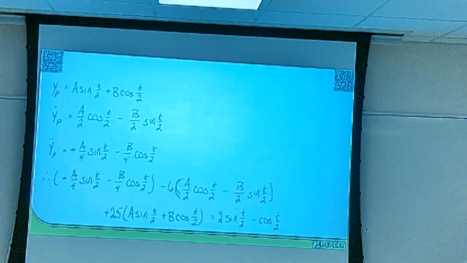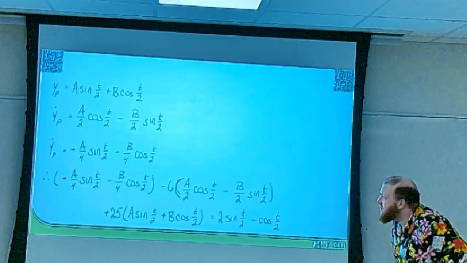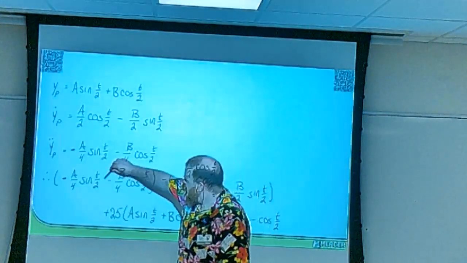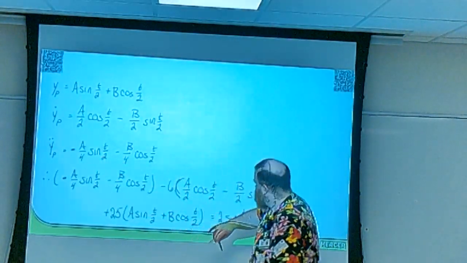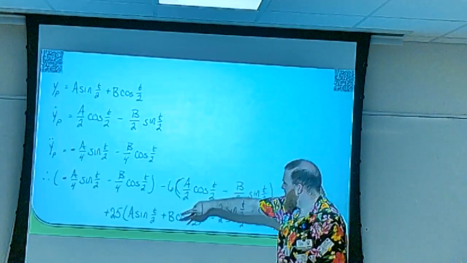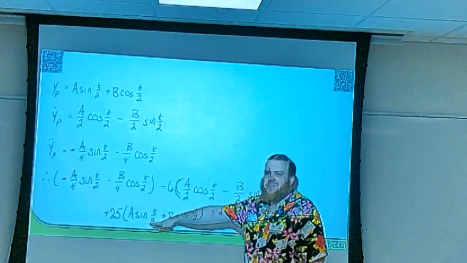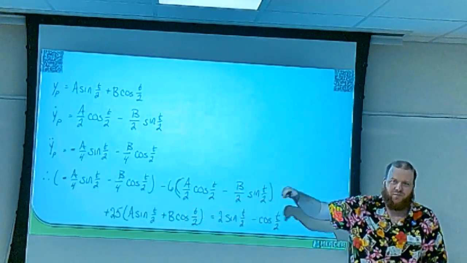Right, so combine like terms and then do coefficient comparison all in one is what I'm going to do here. Sine of t over 2. Right, so just look at the sine. Negative a over 4. And we're going to have a 25a here. What's 25a minus a over 4? 99a over 4?